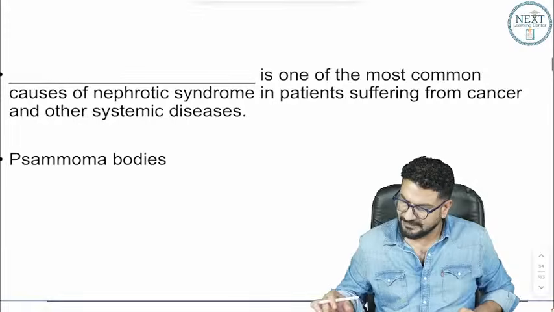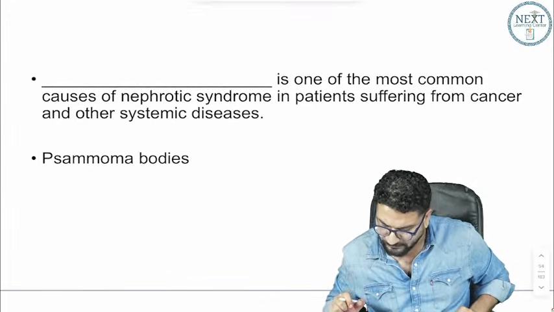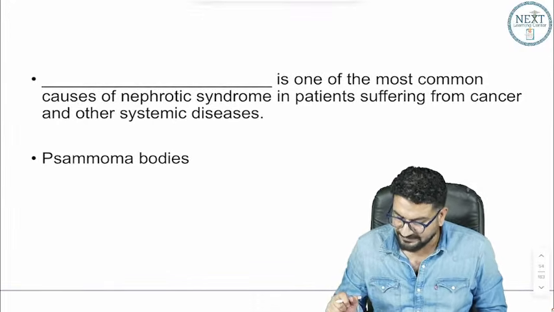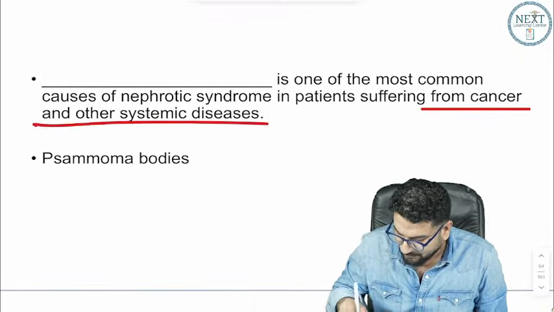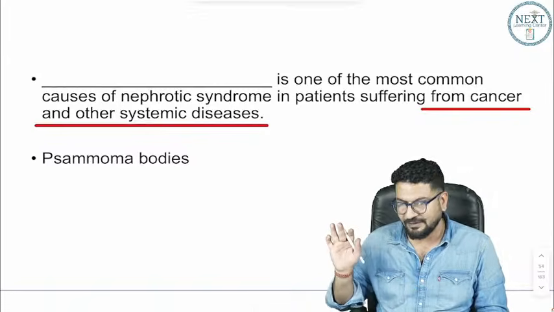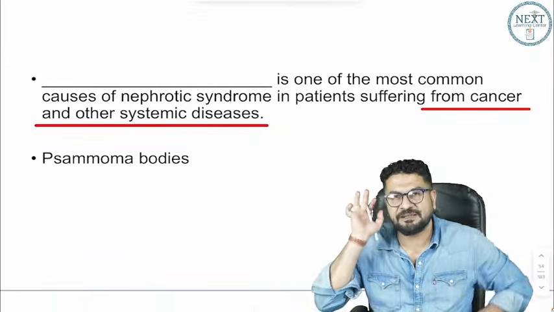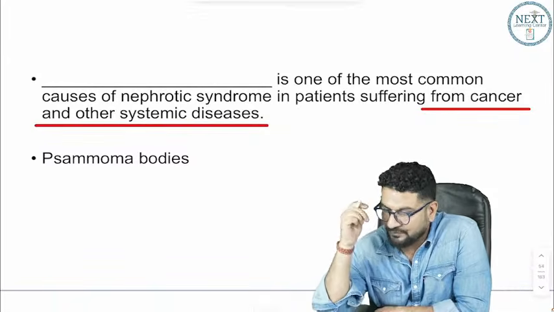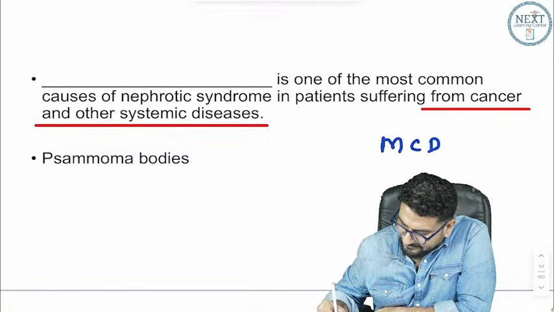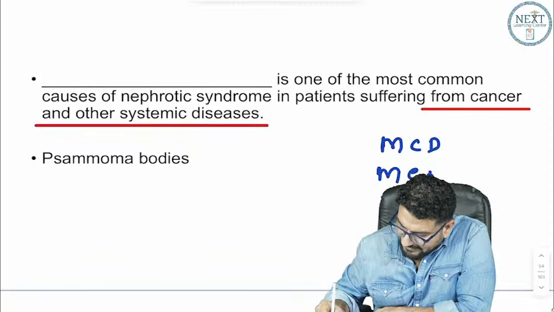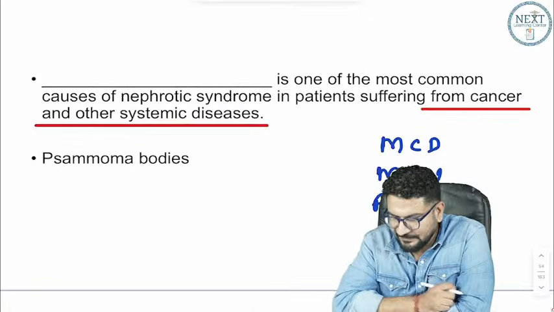Try to answer. Dash is one of the most common causes of nephrotic syndrome in patients suffering from cancer. Interesting question, a little twist. Most common cause of nephrotic syndrome overall is MCD, minimal change disease. But here they are asking something else. I just told you what we have in nephrotic: MCD, MGN, and FSGS.